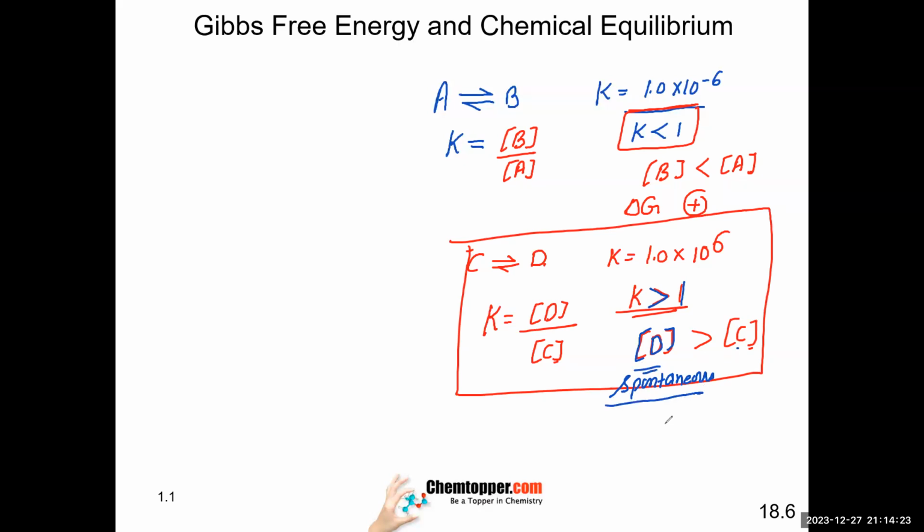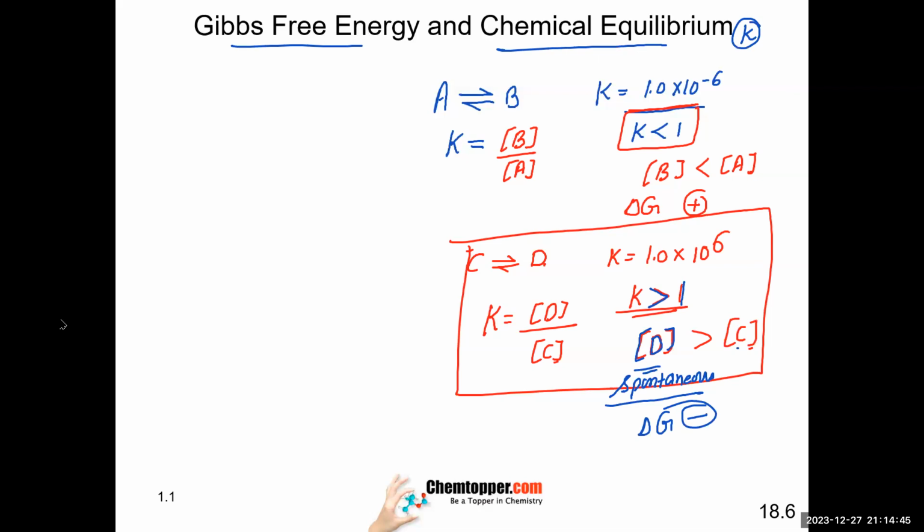If it is spontaneous, then delta G is negative. Sammy, you're understanding this? Okay, good. So it means this equilibrium constant K is related to Gibbs free energy.